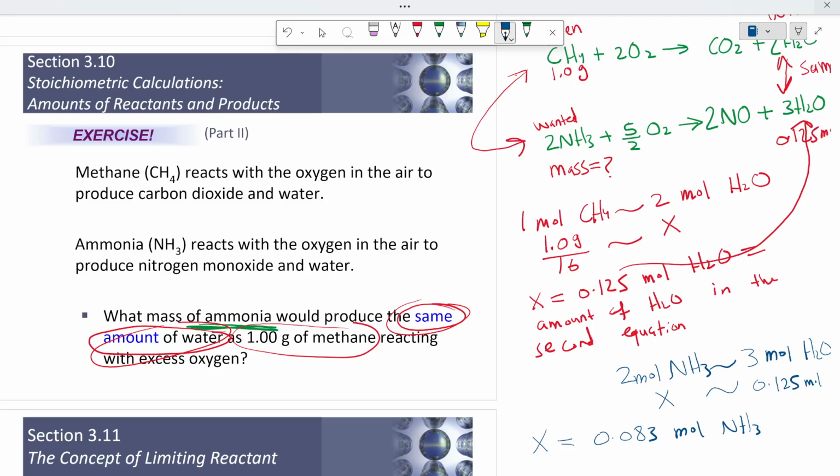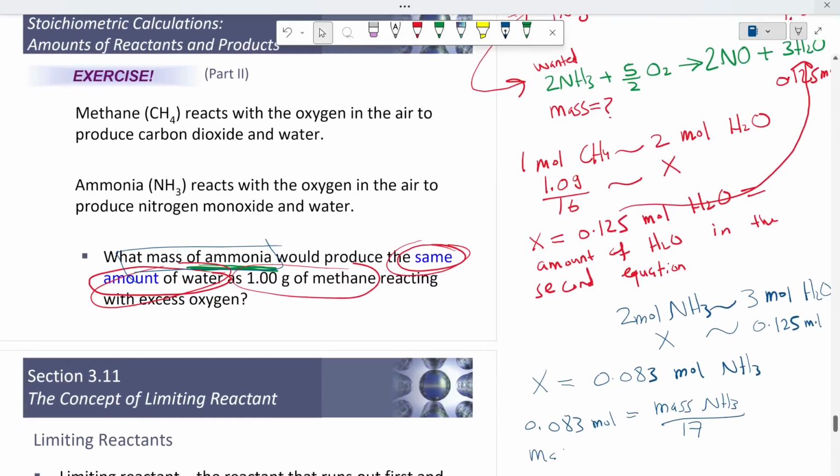The final answer is the mass because the question asked me to determine what mass of ammonia. We need to determine mass, and here 0.083 mole equals mass of ammonia over molar mass.